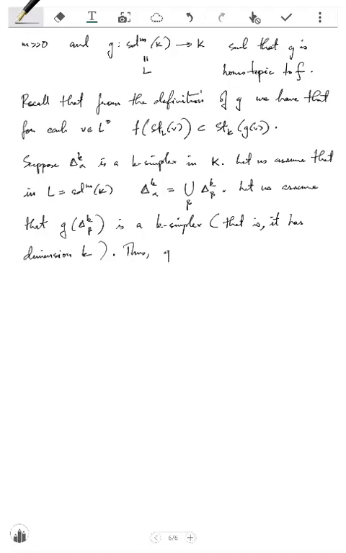Thus, G of delta K beta is equal to delta K gamma for some K simplex delta K gamma sitting inside K.